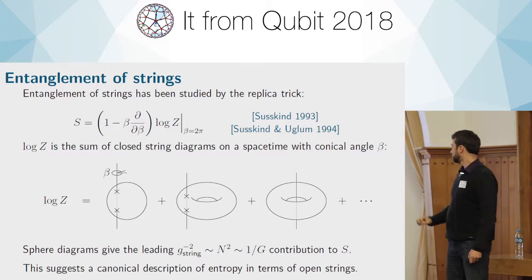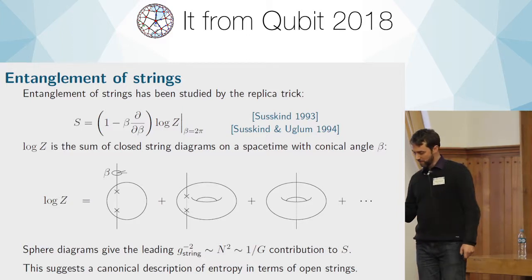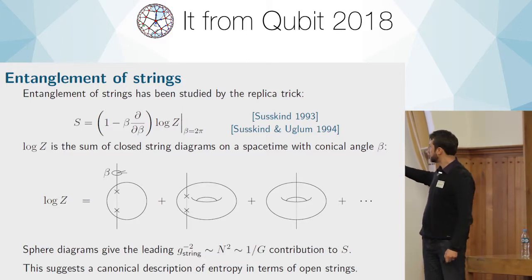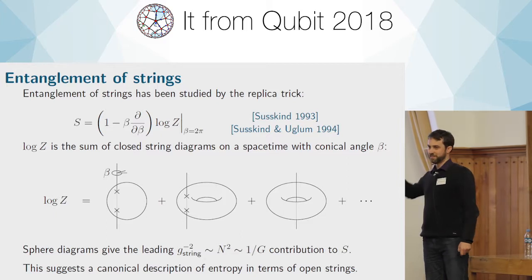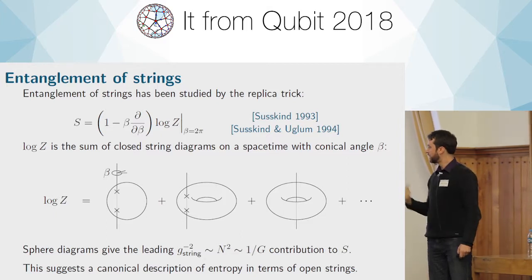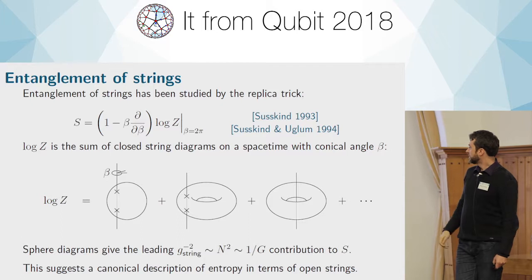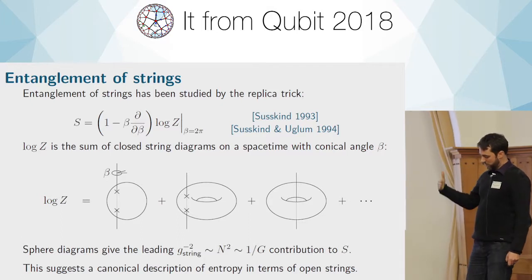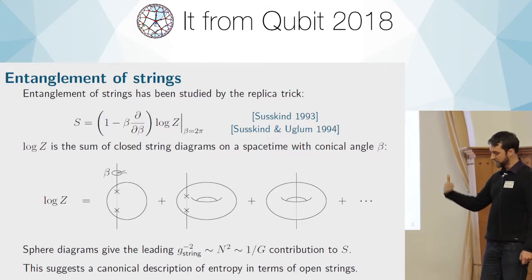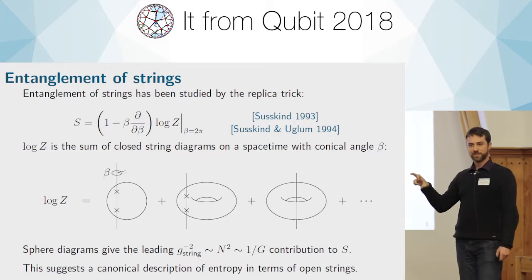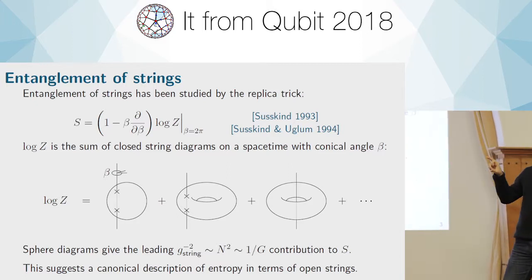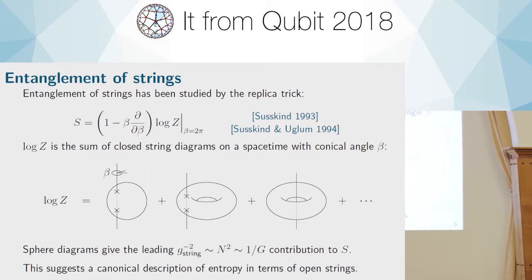So that was the idea. And if you look at these diagrams sliced going around the singularity along this angle, the slicing of these diagrams looks like open strings with their endpoints confined on the entangling surface.